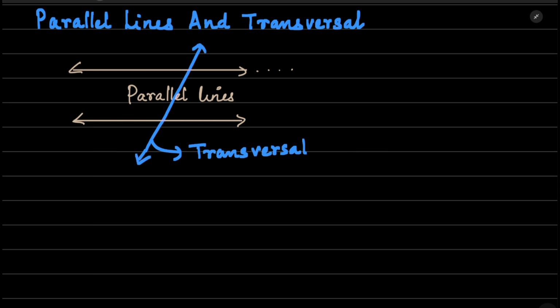So parallel lines will never meet; they would just go on and never intersect. And the line which intersects two or more given lines at distinct points, this is one point, this is another point. There could be more than two lines that the transversal could intersect.